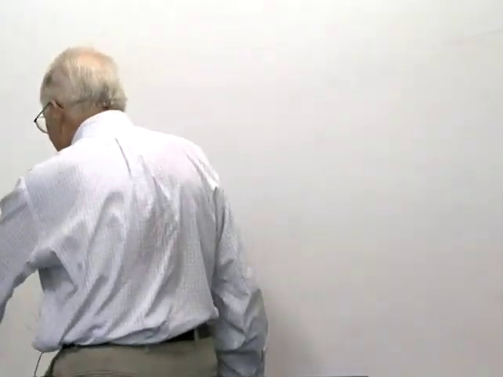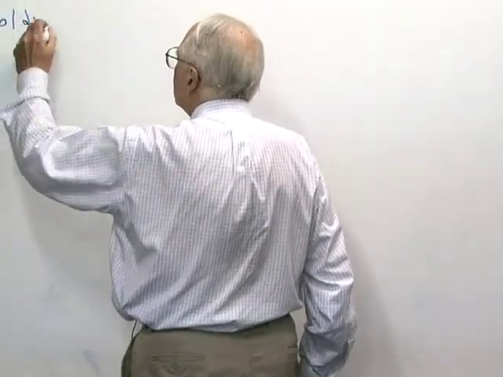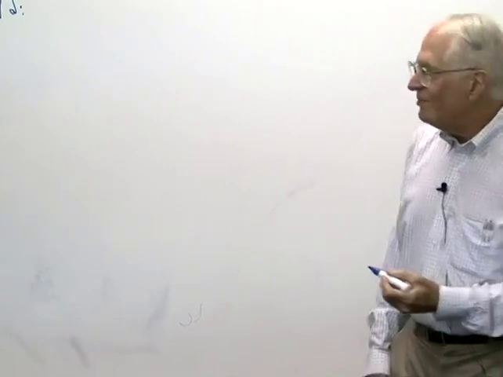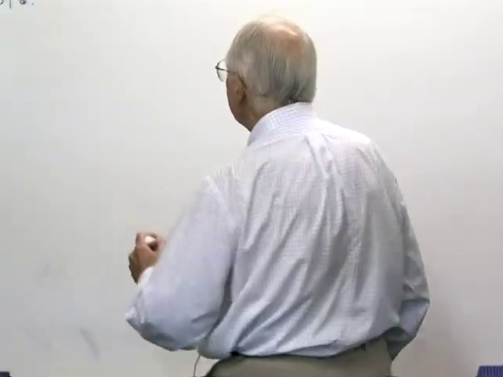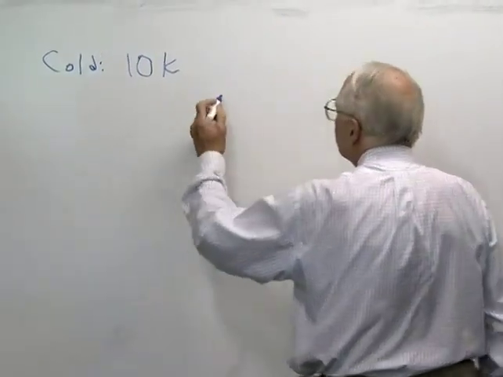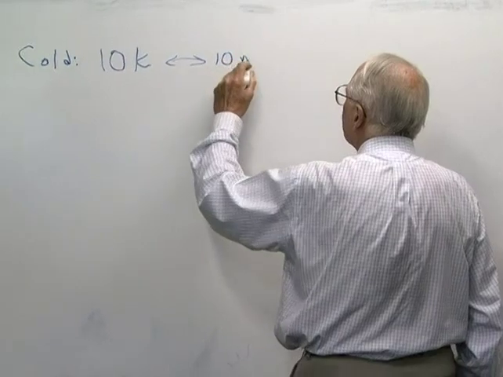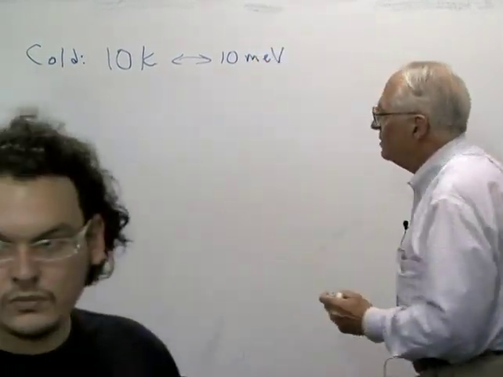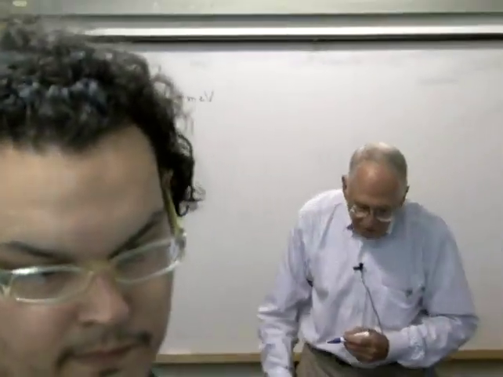The nice thing about neutrons is that they typically are cold. The thermal energy is, let's see, 10 K, which is equivalent to roughly 10 millielectron volts, because if you remember, room temperature is a 40th of an electron volt.